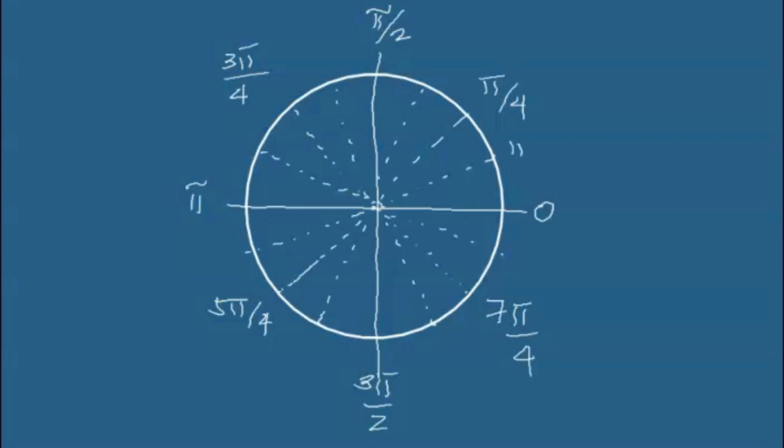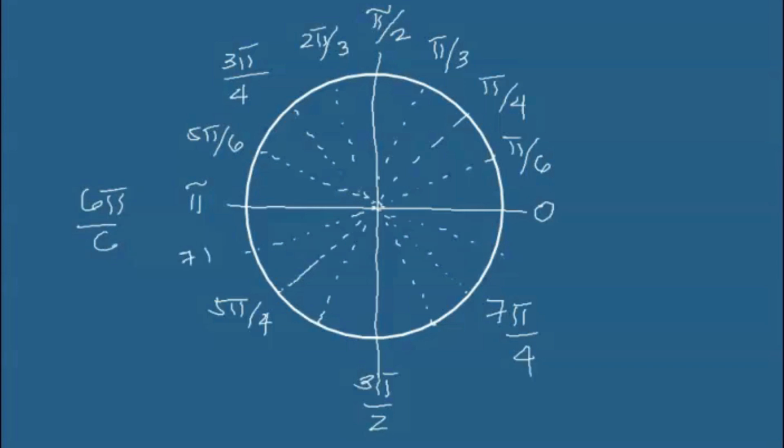So the first one is pi over 6. And then this is pi over 3. This will be 2 pi over 3. This is 5 pi over 6. And then 6 pi over 6, or pi.